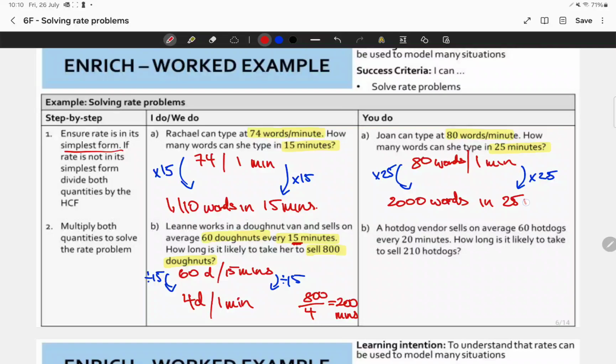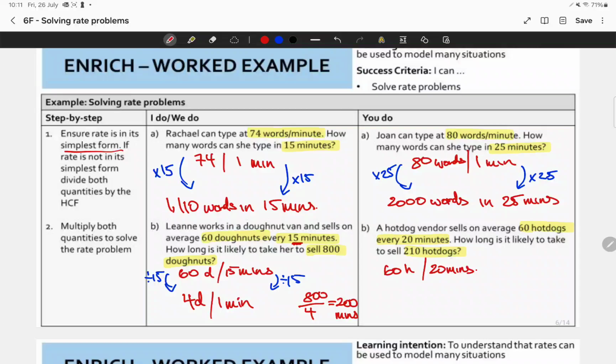in 25 minutes. Okay. Next, a hot dog vendor sells on average 60 hot dogs every 20 minutes. How long is it likely to take to sell 210 hot dogs? Okay. So 60 hot dogs, so 60H every 20 minutes.